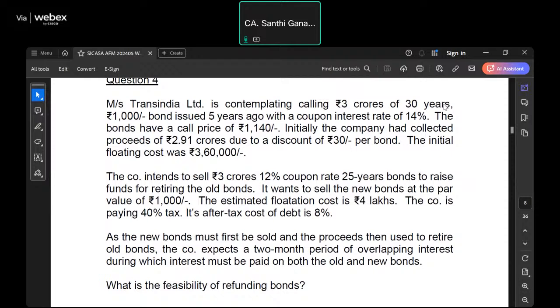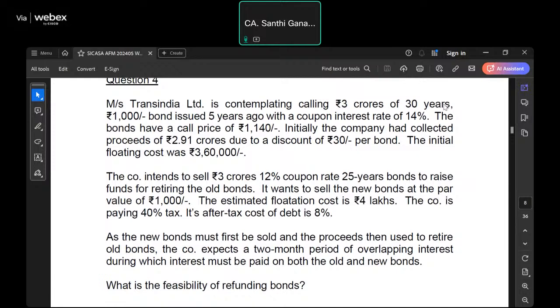Next, what is a putable bond? Putable bonds are bonds with an embedded put option. If call option is for the issuer, put option is for the investor. So an investor wants to redeem before the maturity date. Can he do so? Yes, provided there is a put option.